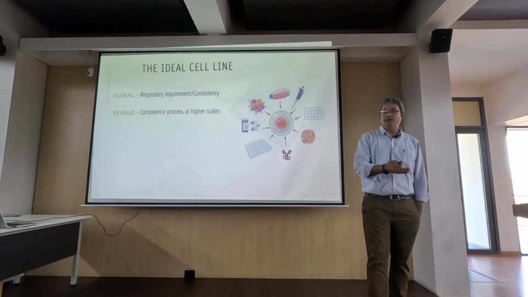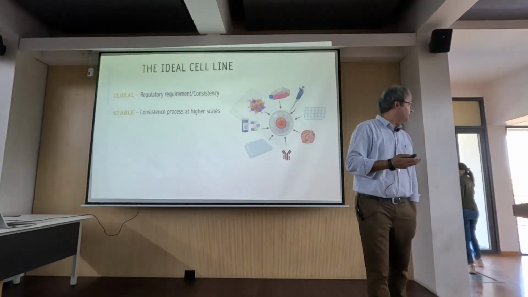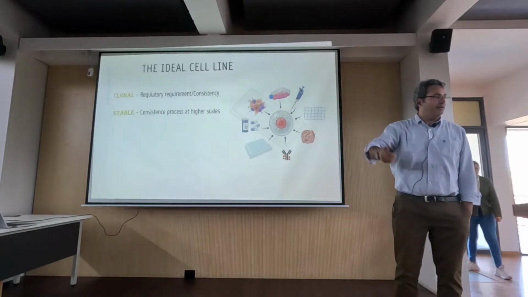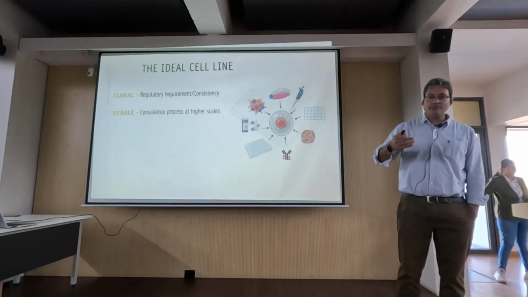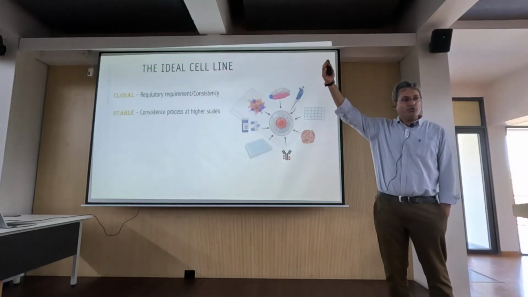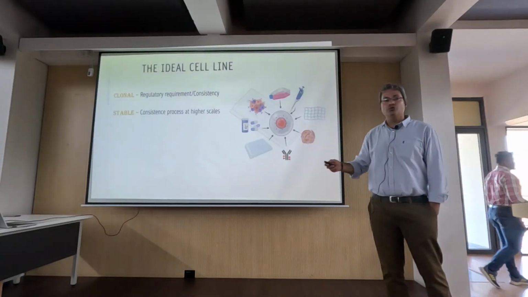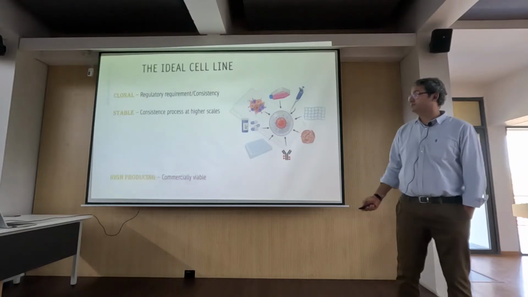But that is not the place where you will produce your final drug. You will produce your final drug at a much larger scale, wherein you need to grow the cells through certain passages to reach that scale. Then there would be the production run. So your clone should be stable to get through that scale up.